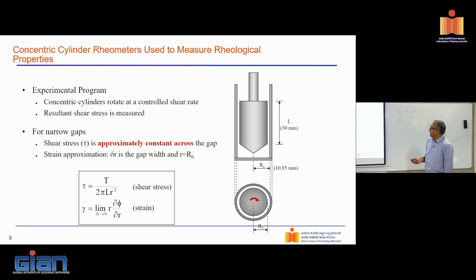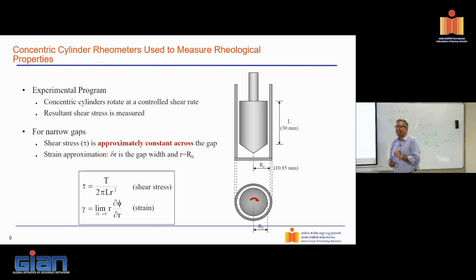Because please remember, in the laboratory, I can only measure the torque, and I can only measure the rotation of the shaft. What I don't know is what's happening here in the liquid. That has to be inferred. So the torque is basically the resistance that I'm getting. Where is the resistance coming from? In this case, it's the resistance given by the liquid sitting in the small gap between these two cylinders, and inertia.